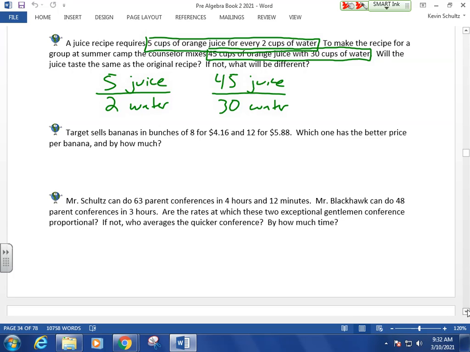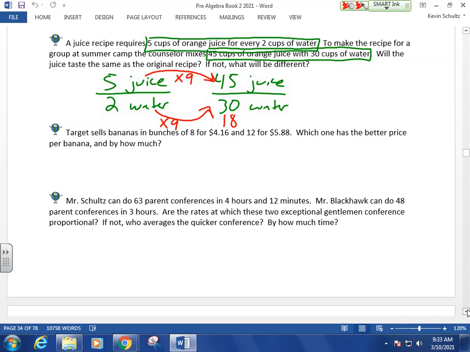Yeah, using scale factor, we can pretty easily see, okay, we multiplied the cups of juice by 9 to get 45, but if we multiply the cups of water by the same thing, we get 18 instead of 30. So it's not going to taste the same as the original recipe.